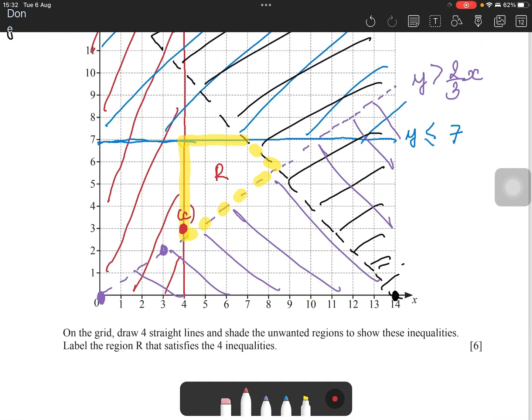The largest value of x is 8. And we have 2 points like that, but the largest value for y is 6. So we choose the point (7, 6).